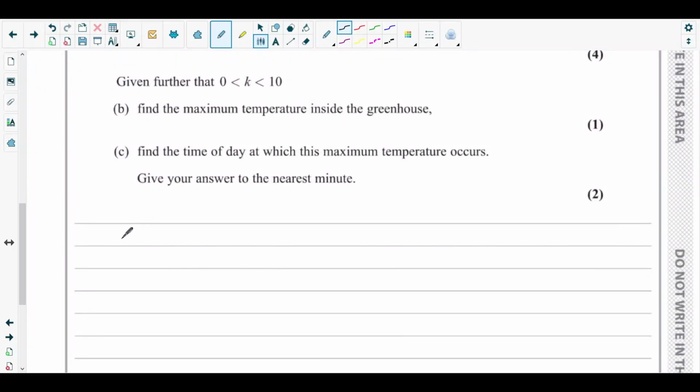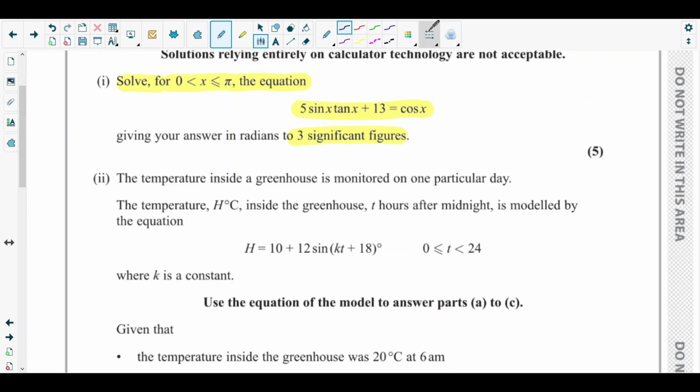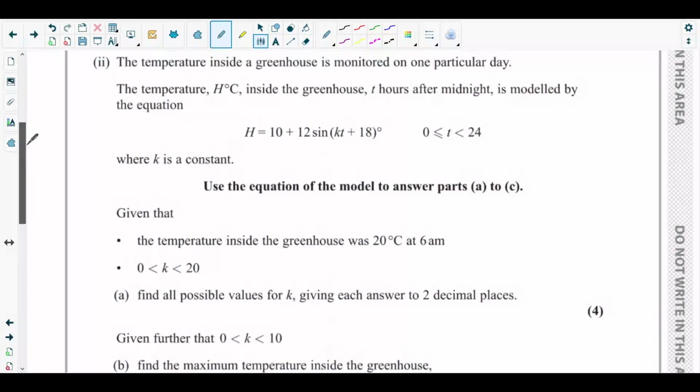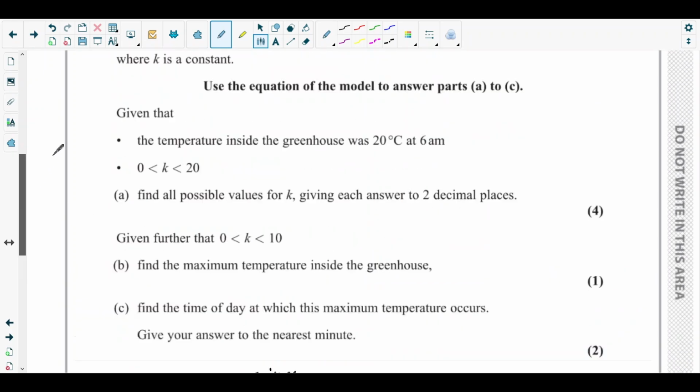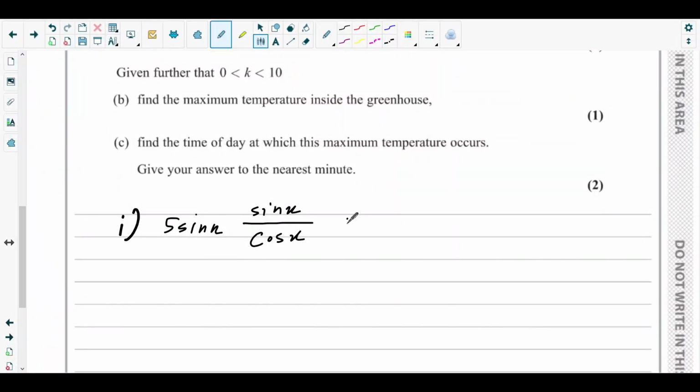So 5 sin x times sin x over cos x, and then plus 13 equals cos x.